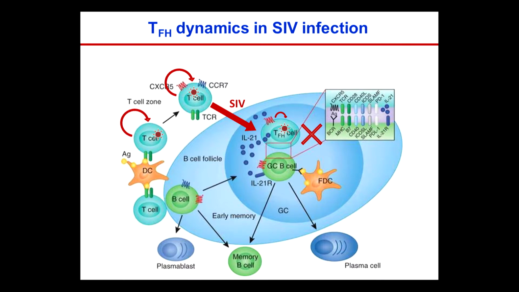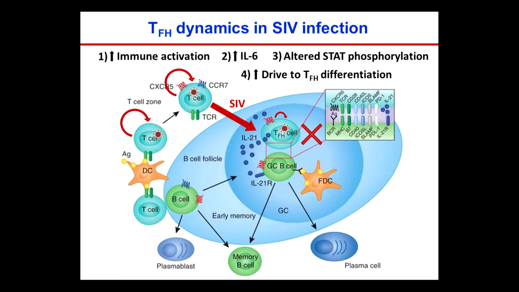That was altering STAT phosphorylation patterns within these T cells, leading to an increased drive to T follicular helper cell differentiation and away from Th1 differentiation. So it was actually SIV and immune activation that was leading to this drive. And this will be sort of a theme throughout my talk, and in subsequent days, you'll hear a lot about immune activation. But immune activation is actually driving a lot of what's going on in these lymph nodes.